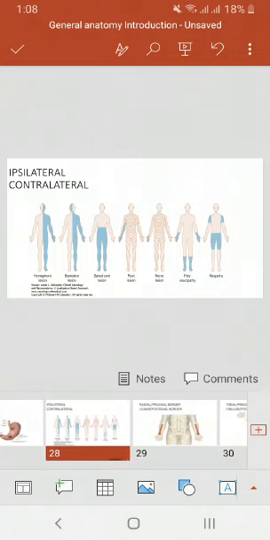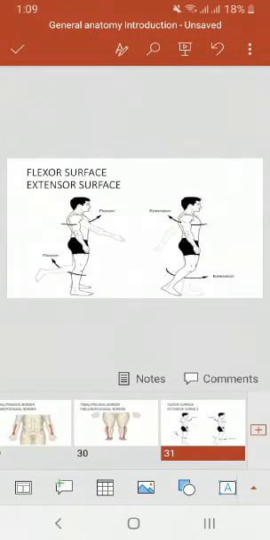Then we have seen this diagram. Now this is the flexor or the extensor surface. The flexor or the anterior surface or the ventral surface is the same for the trunk and the upper limbs.